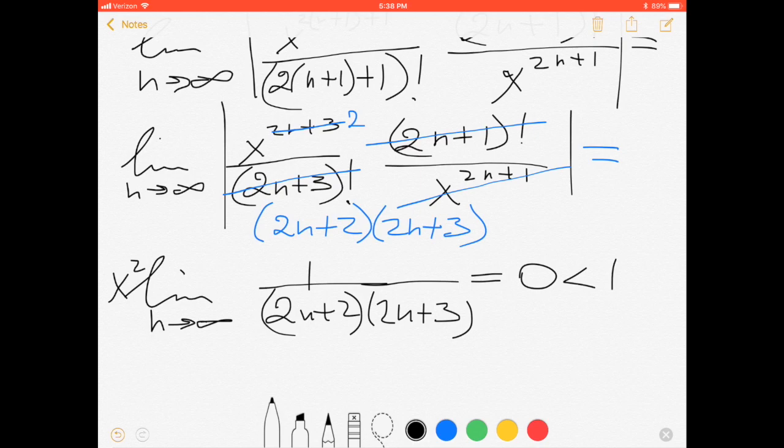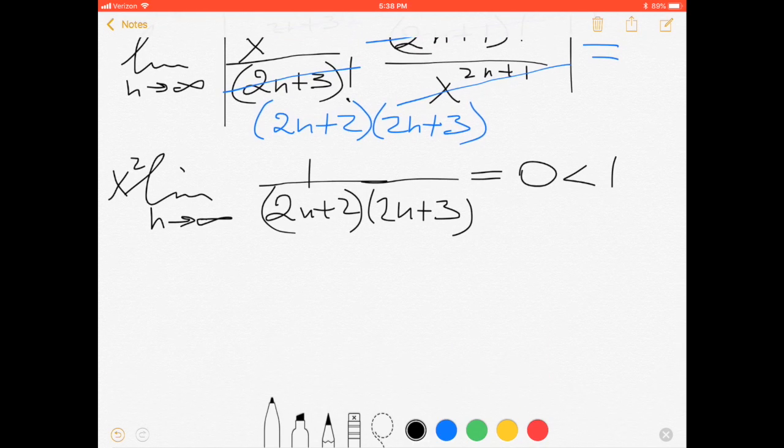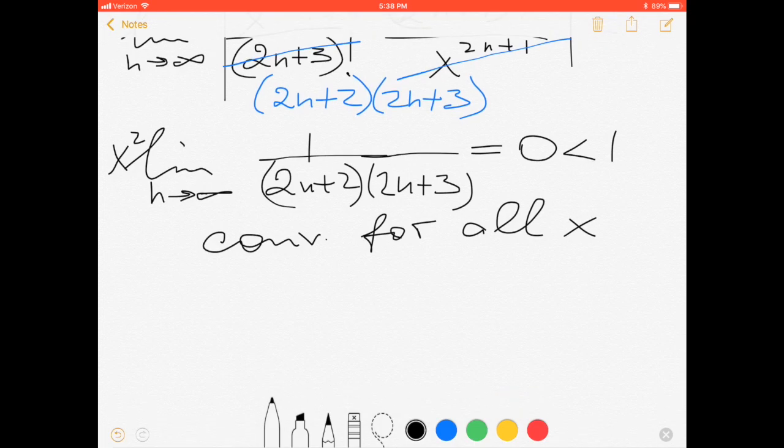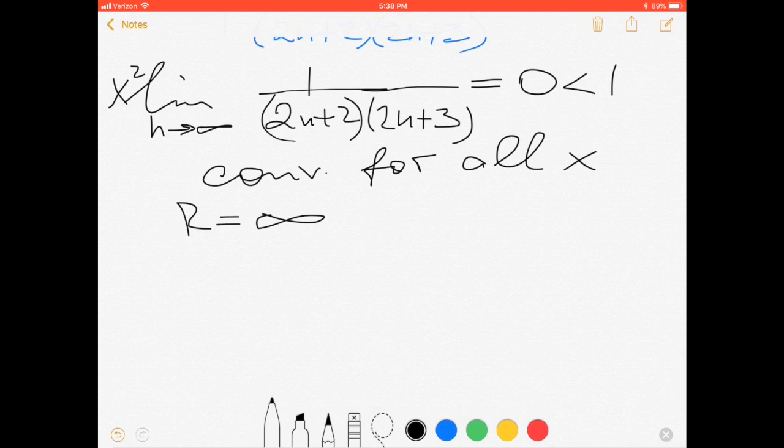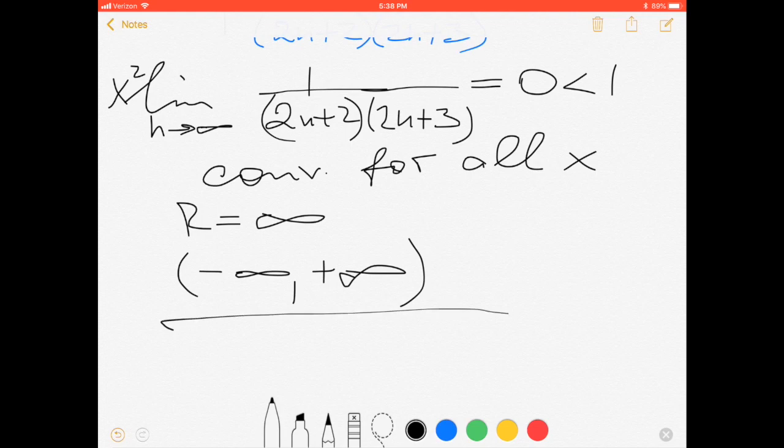It's less than 1. This means this series converges for all x. It means the radius of convergence here is infinity, and the interval of convergence is negative infinity to positive infinity.